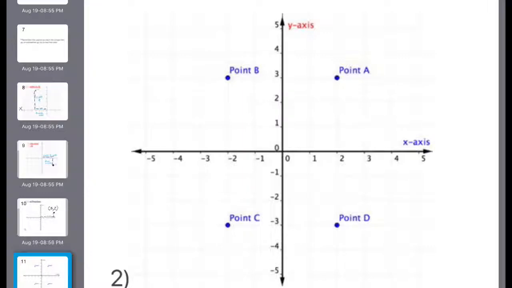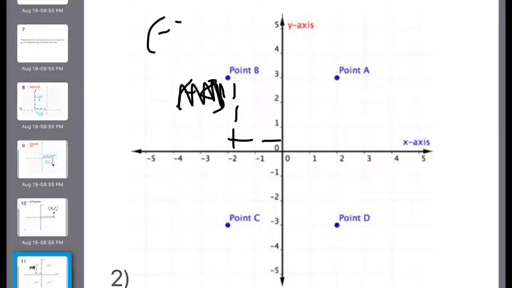So for us to go down the runway, we have to go down -2. When we go to the left, it's negative. So our ordered pair is -2. And then we go up 1, 2, 3, which is positive. So our ordered pair is -2, +3.